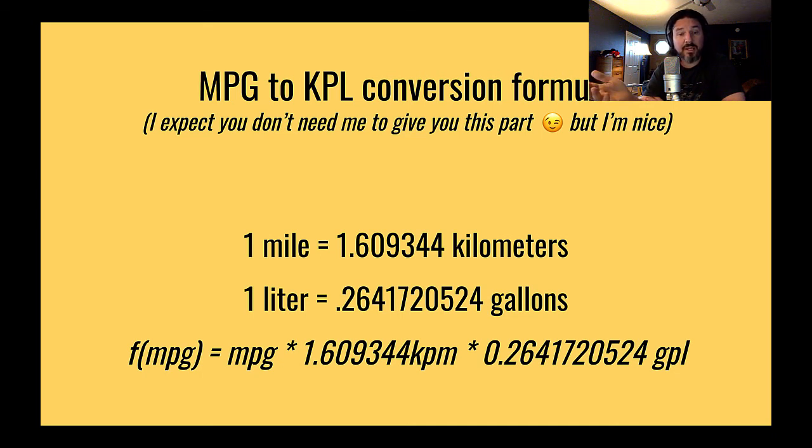In this case, it's a linear function because you could plot this on a linear graph where you put miles per gallon on, say, the x-axis and kilometers per liter on the y-axis, and you would be able to draw a nice line to show where the equivalents are.